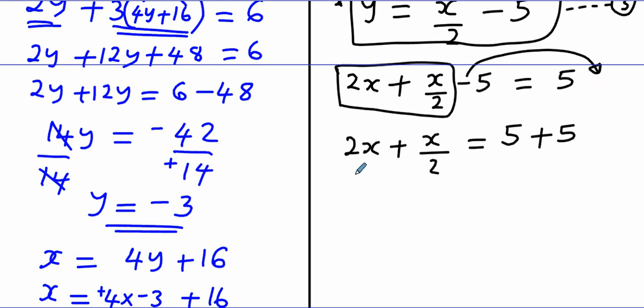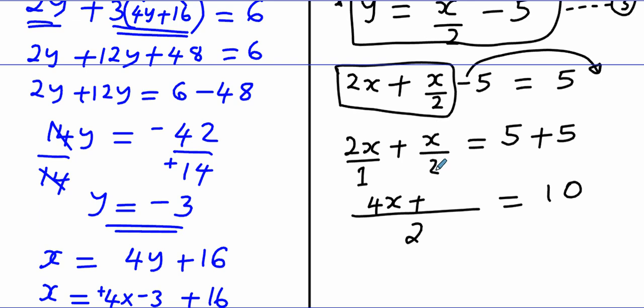Okay, so now how do we simplify these fractions? What we do, we find the LCM of 1 and 2, and this is 2. On the right hand side, 5 plus 5 is 10. On the left hand side, the LCM of 1 and 2 is 2, so 2 divided by 1 is 2. 2 times 2x is 4x, plus 2 divided by 2 is 1, 1 times x is 1x.